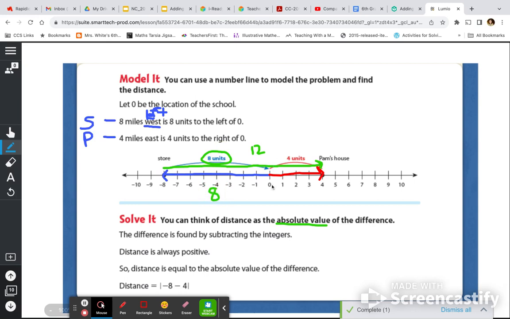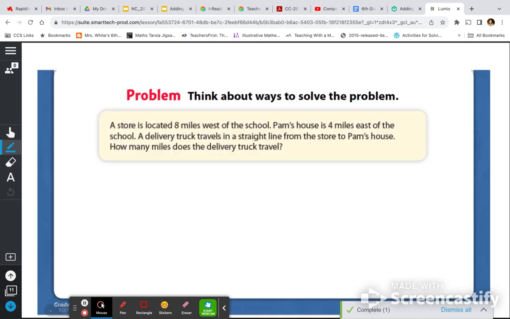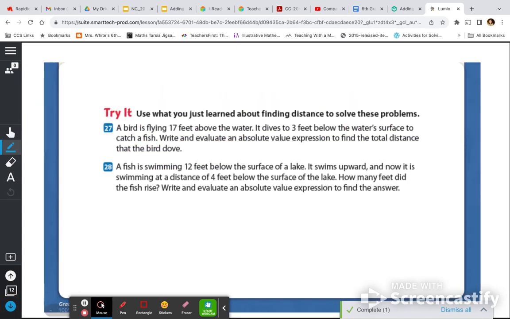The absolute value of 4, where Pam's house is, the distance from 0 to Pam's house is 4. So what would I do to find the total? I would add. So in fact, 8 plus 4 is 12. That's another way that you can find the distance. Okay. That was the actual problem.